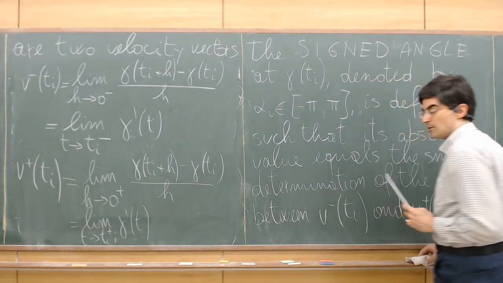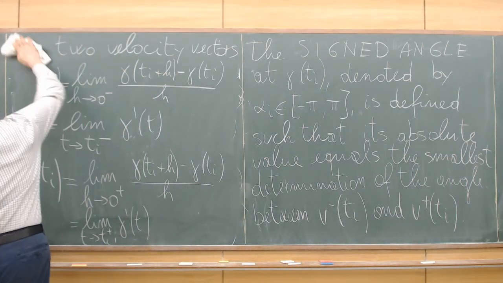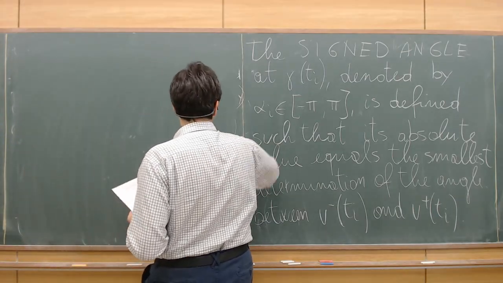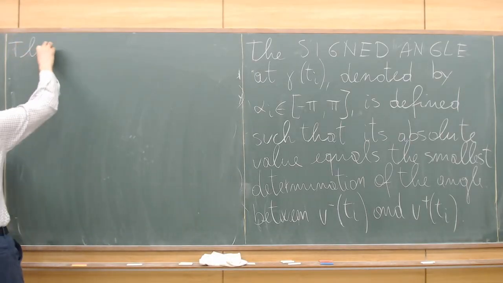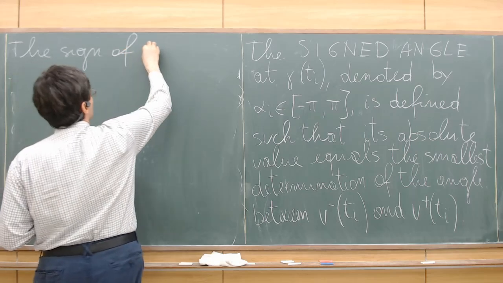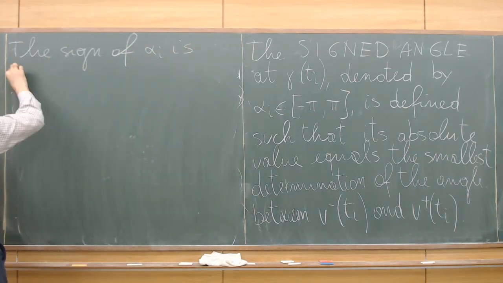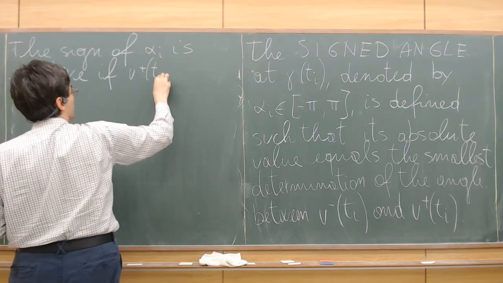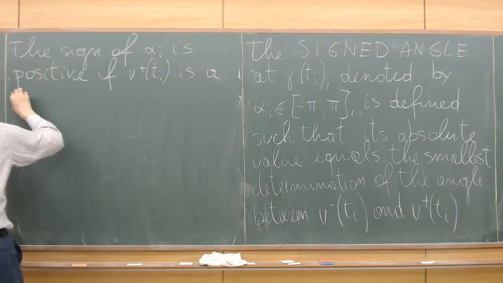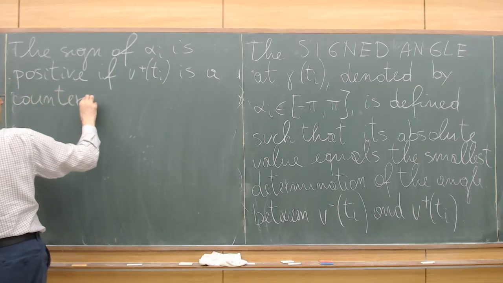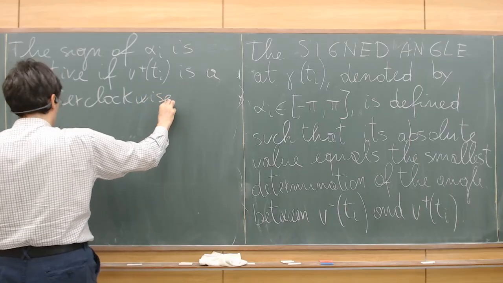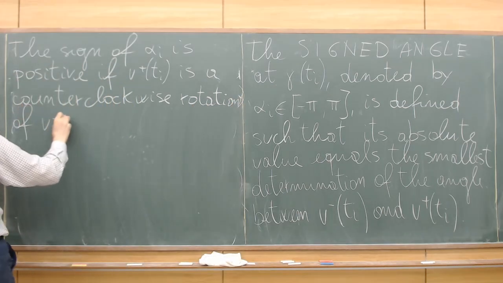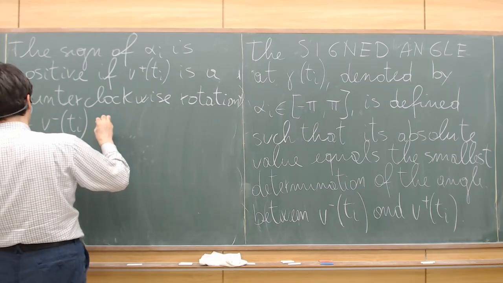What is now the sign of alpha i? The sign of alpha i is positive if V plus Ti is a counterclockwise rotation of V minus Ti through this angle.